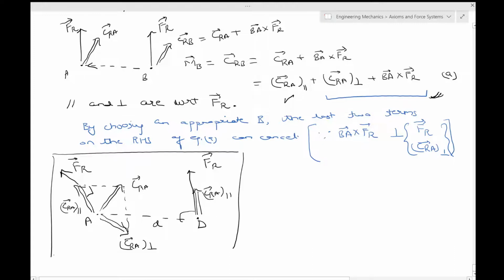The plane in which all this is happening is the plane pi, and the plane is perpendicular to CRA. Because this is all referring to a three-dimensional situation, you can imagine that this plane is the plane of your screen, and CRA perpendicular is something coming out of this screen. That's one way to visualize this.